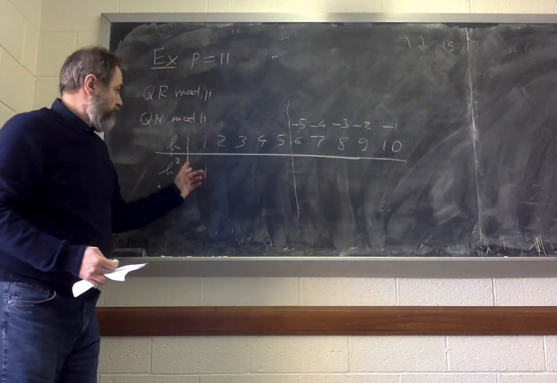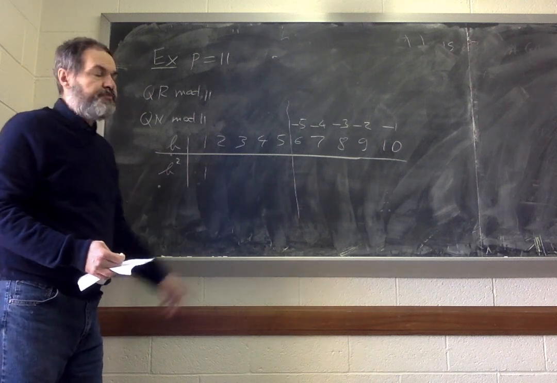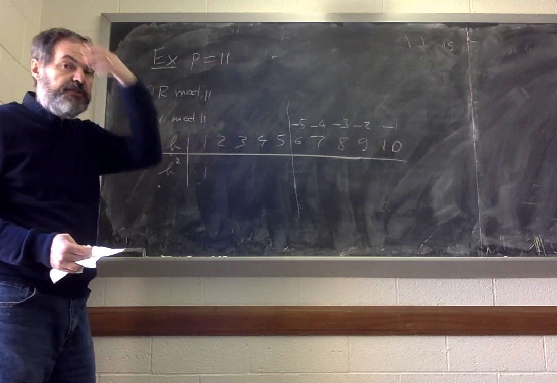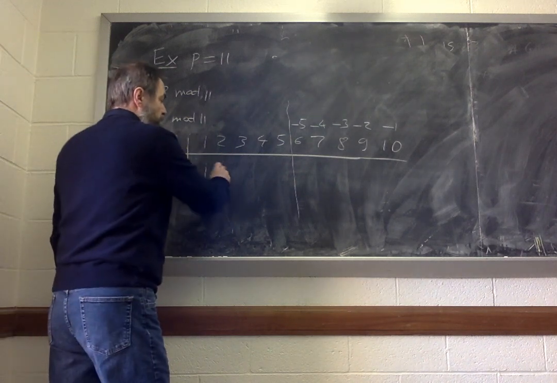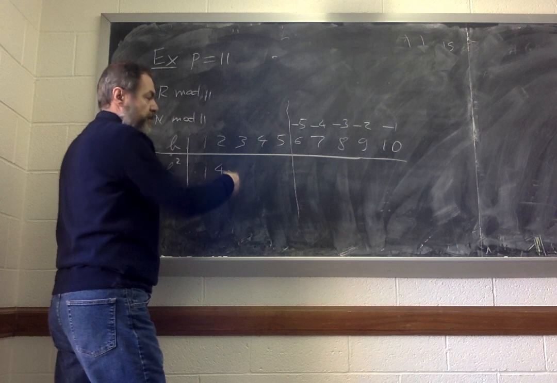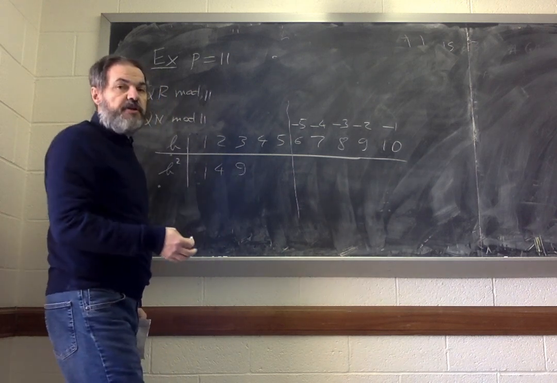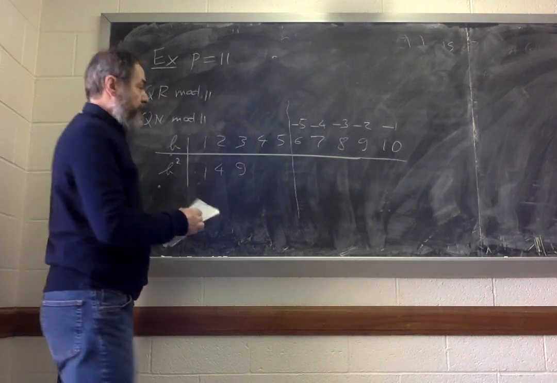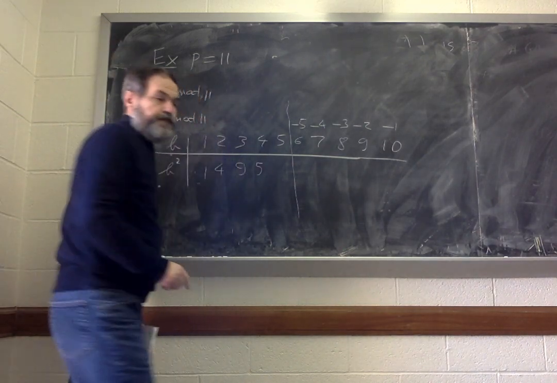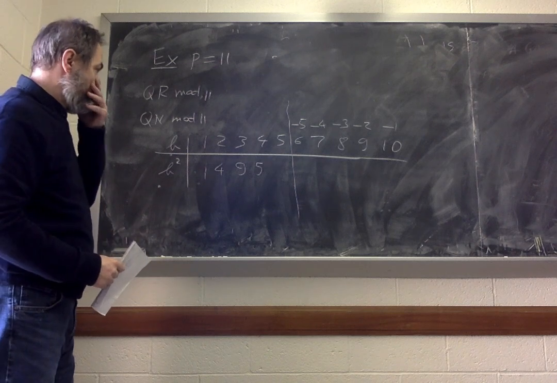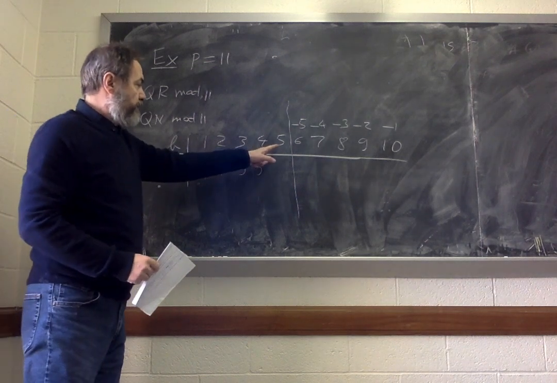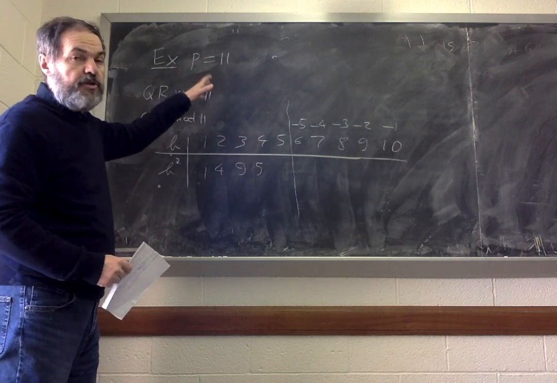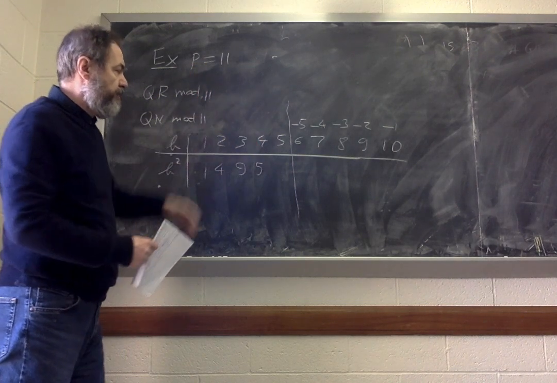So I'm going to have actually 5 values, and these numbers will be quadratic residues. 1, 4, 3 squared is 9, 4 squared is 16, which is congruent to 5 mod 11, and the next one is 25. 22 is a multiple of 11, 25 minus 22 is 3.